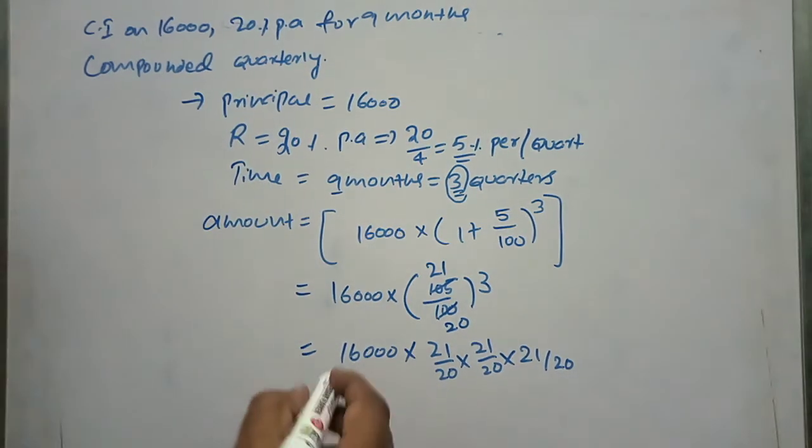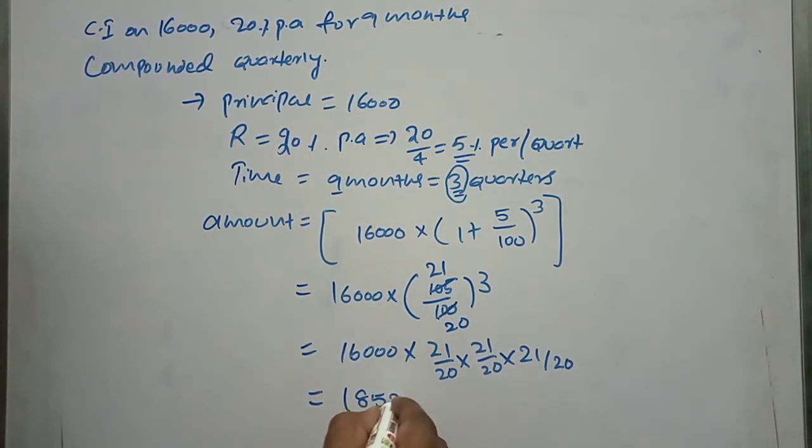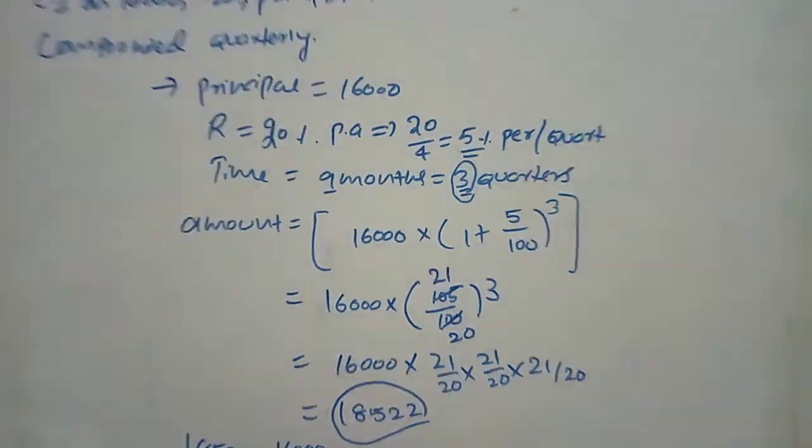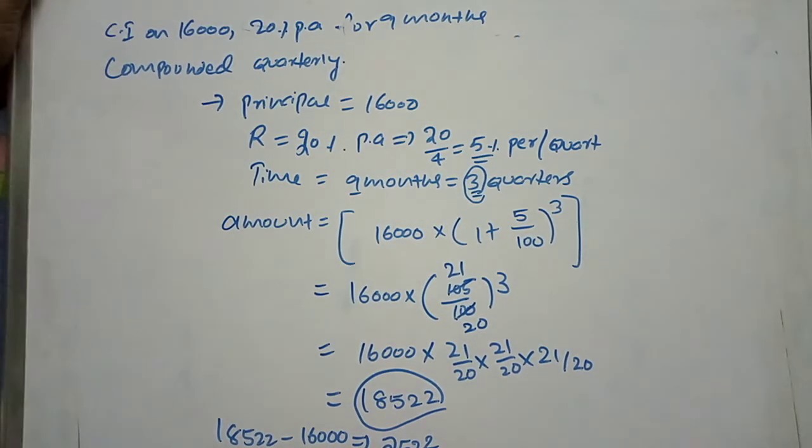So how much will this be? Around 18,522. So 18,522 minus 16,000, this will be 2522. Like this we require to identify.